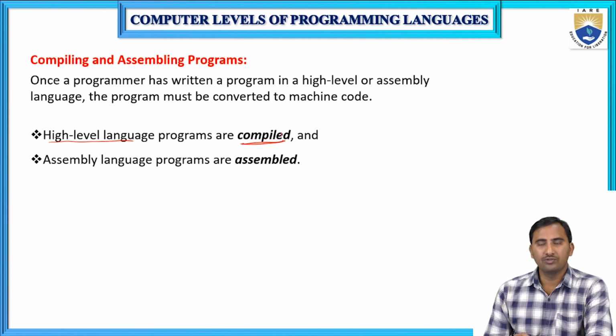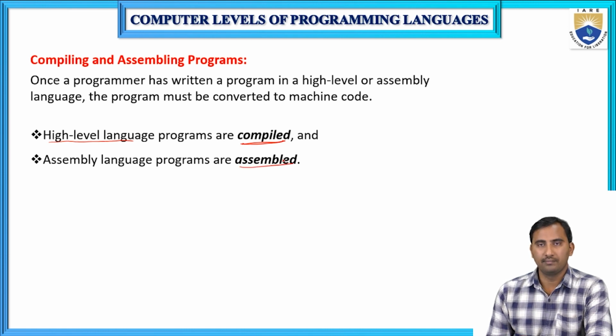Similarly, we can also write the program using assembly language. Assembly language is nothing but writing a program using mnemonics. Once we have written the program using assembly language, it should be converted into machine understandable code. We do that with the assembler.